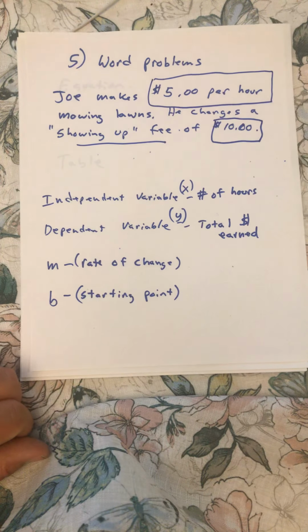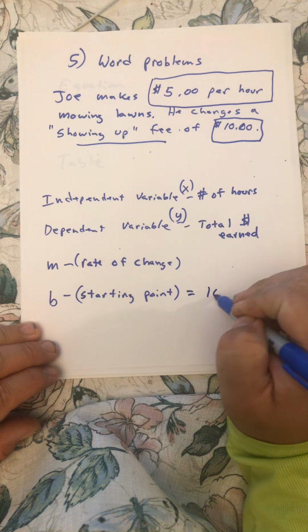Well, a startup fee is just showing up, so that's a one-time fee. Even if he doesn't mow, just for showing up. If I call up Joe and tell him to come to my house, just showing up to my house, I owe him $10. He didn't mow, he didn't do any work. That's just his fee to come out. So the starting out fee is $10.